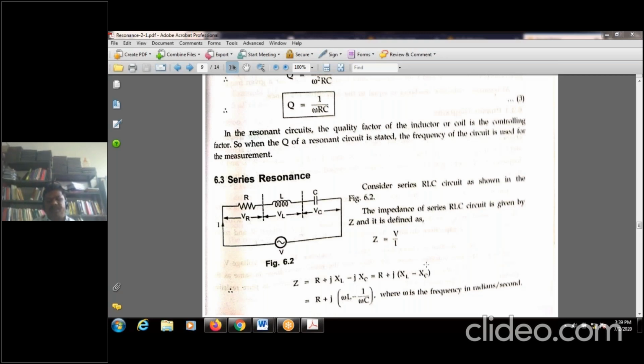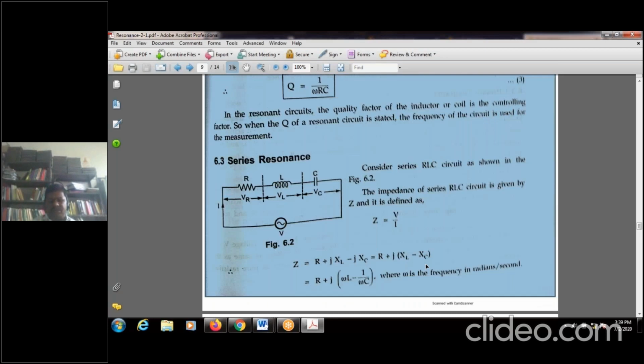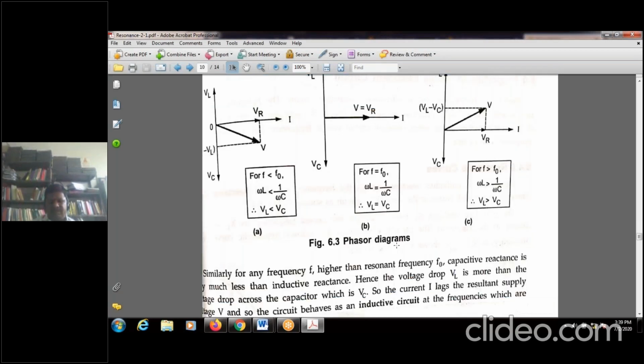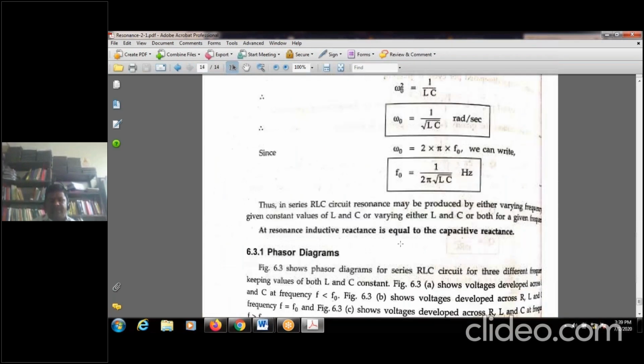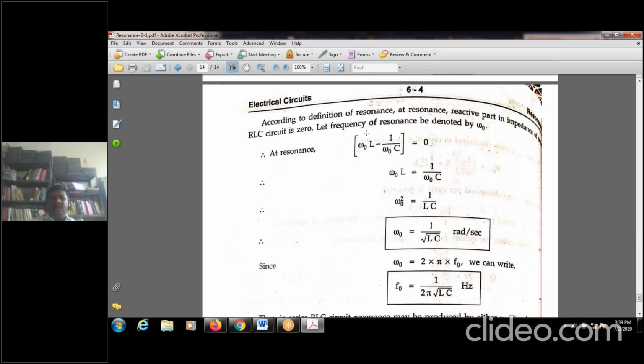Now coming to the derivation, this is the derivation. According to the definition of resonance, whenever the circuit is in resonance, the current in the circuit is entirely determined by the resistor only. Remember this point.